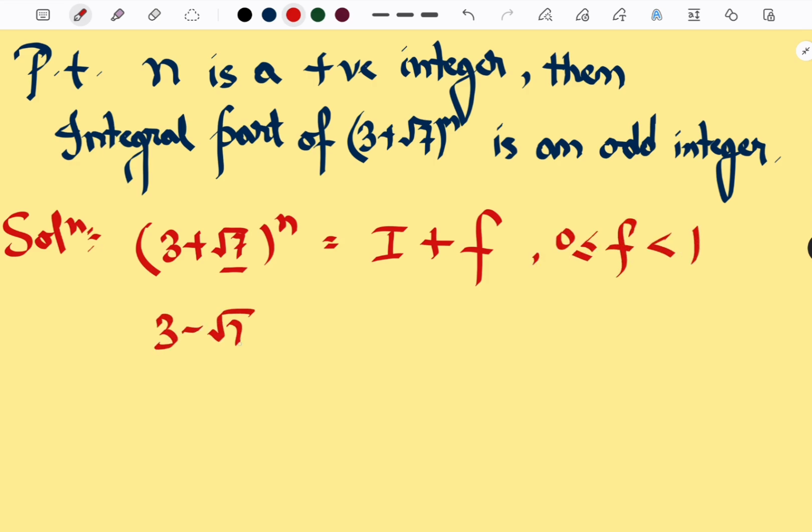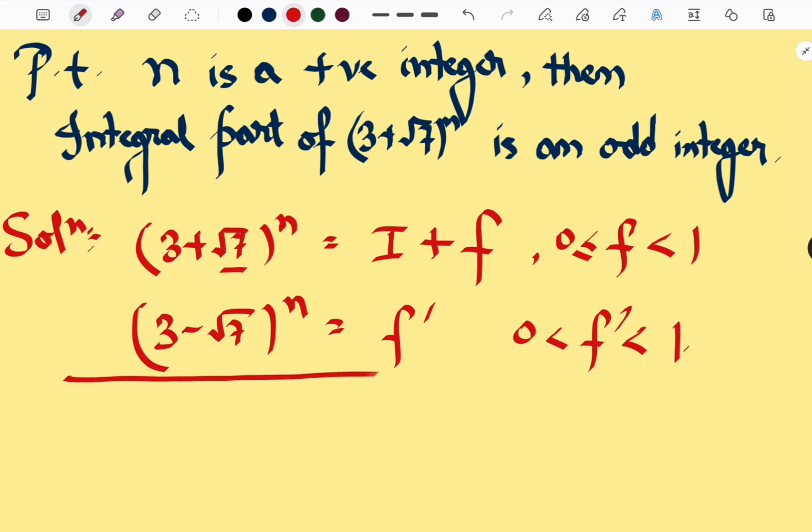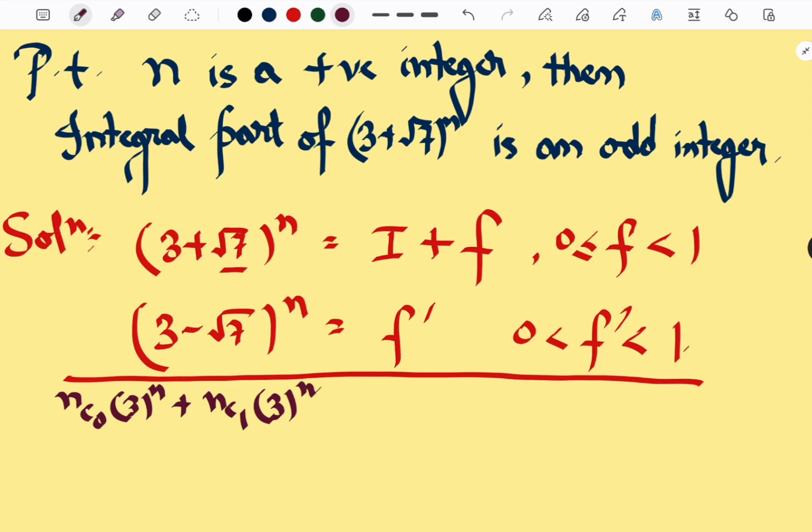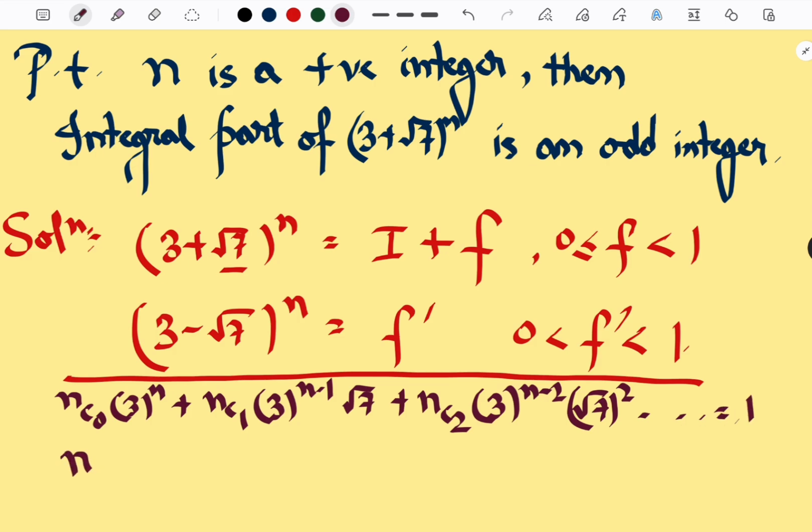Now similarly, (3 − √7)^n will be equal to f', where f' lies from 0 to 1. Now check out one thing. Again, what we are required to do, first let's expand. If I expand the first one, we'll write nC0 3^n + nC1 3^(n−1) √7 + nC2 3^(n−2) (√7)^2, and so on. So this will be equal to I + f.